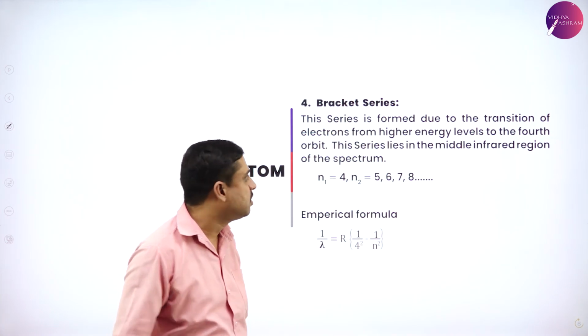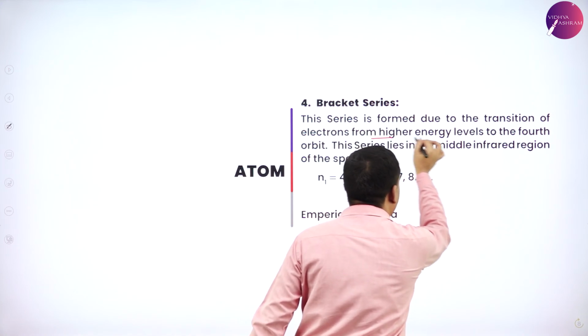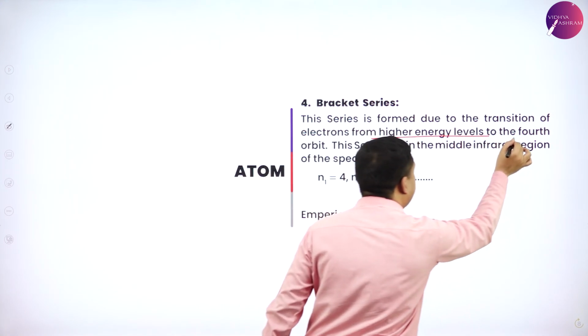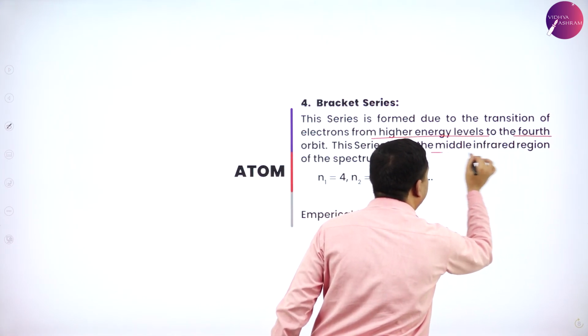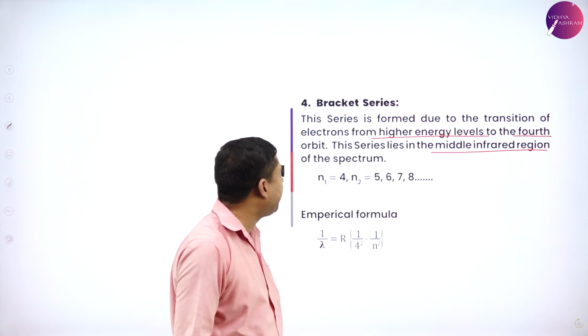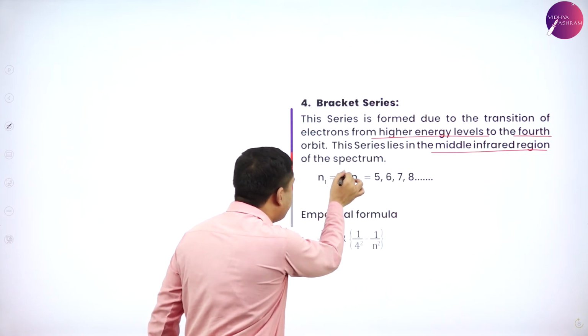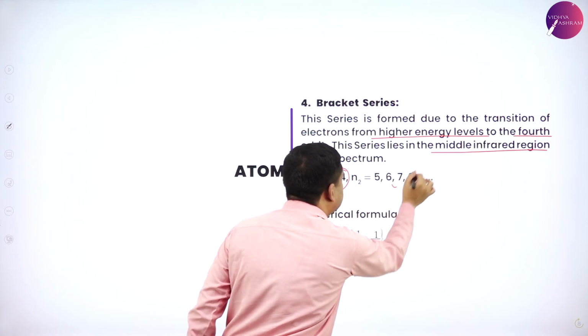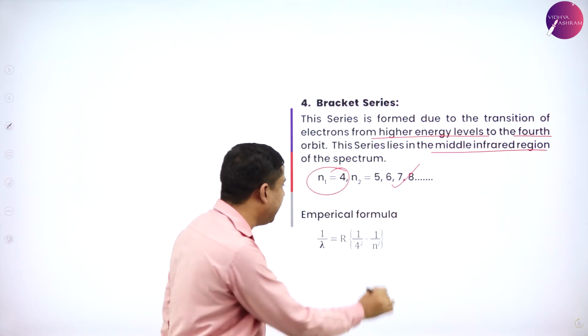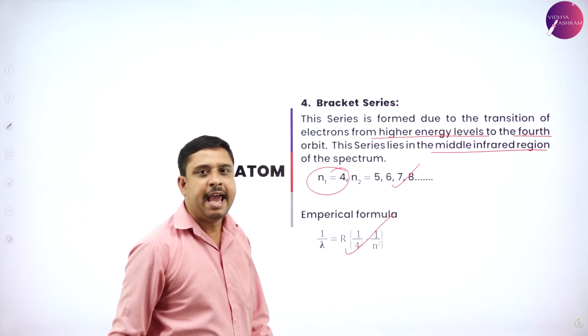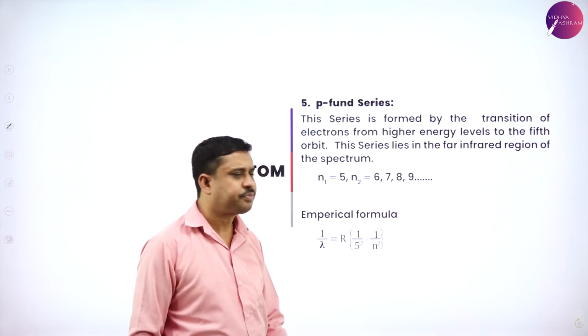Brackett series, transition from all higher energy levels to the fourth level, middle infrared region. So N1 is 4, N2 is 5, 6, 7 and 8, with the respective empirical formula.